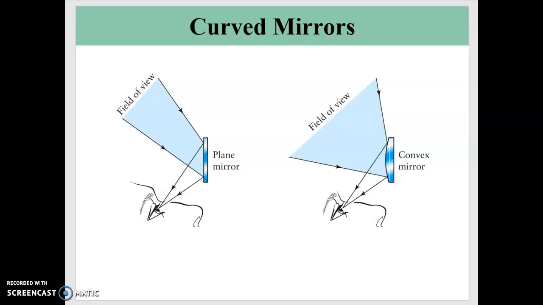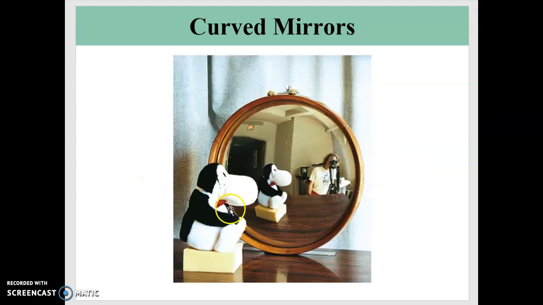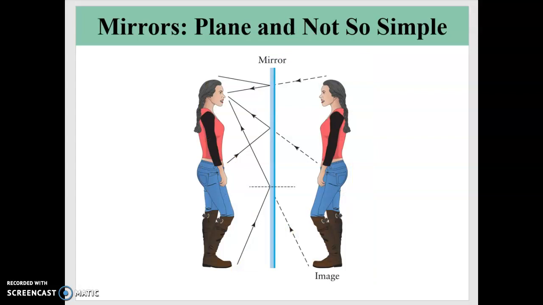And one more consequence of this, recall, for the convex case, my object is always going to be smaller in its reflected image than it is in real life. Contrast that with a flat surface. If I have a flat mirror, then my image is going to be just as tall as the object.